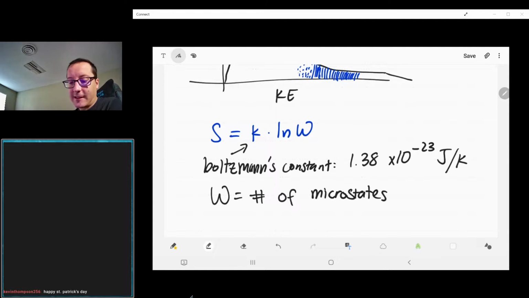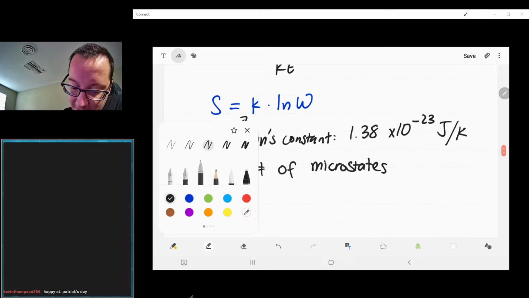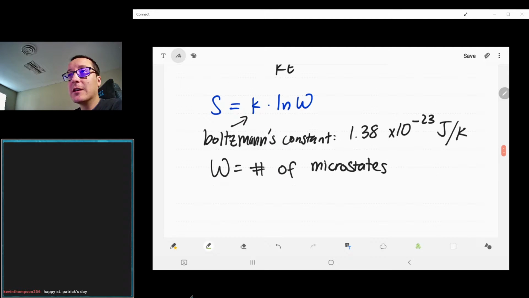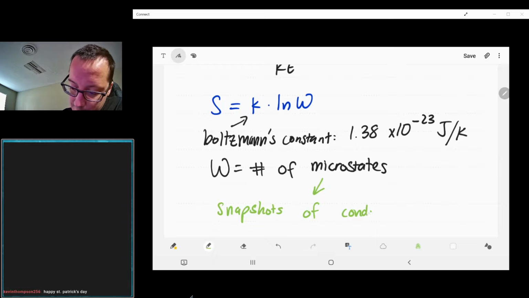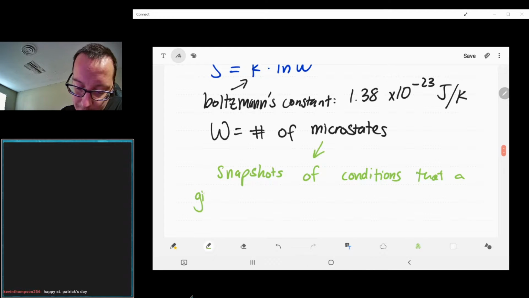So again, microstates are snapshots of all the given conditions of a particular molecule that it could have. So it's kind of conceptual, right? Snapshots of conditions that a given particle could have.